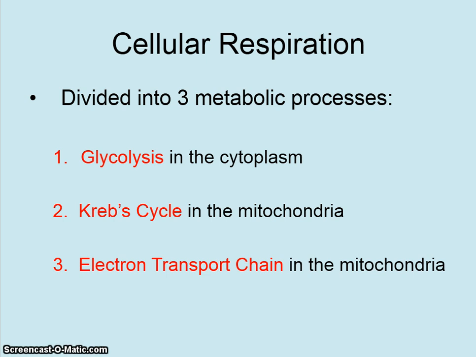It's the energy producing portion of the cell. We're going to look more in depth at these 3 processes in our next podcast. But if you look on page 252, it shows you how glycolysis takes place in the cytoplasm of a cell, followed by the electron transport chain and the Krebs cycle that take place inside the mitochondria.